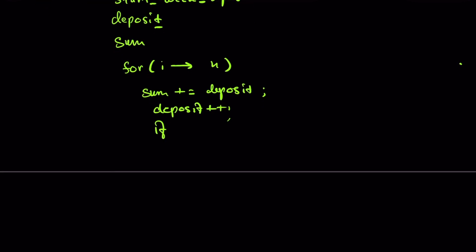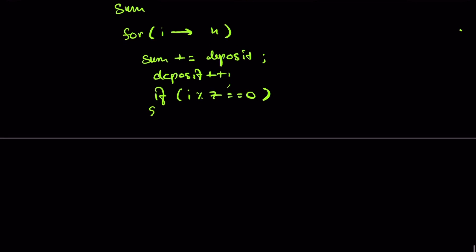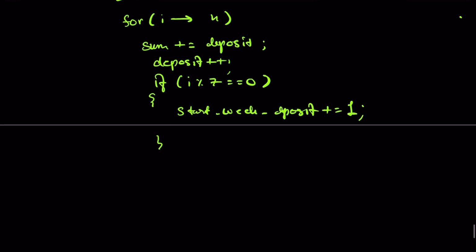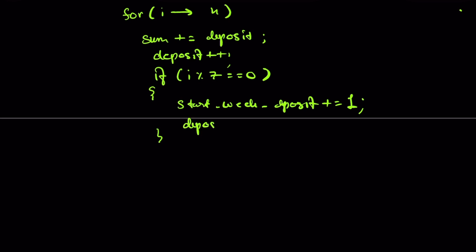But whenever i is divisible by 7, which means whenever a week is complete, we have to do something. What do we have to do? We have to reset our start week deposit to start week deposit plus 1, and also we have to reset our deposit to start week deposit.